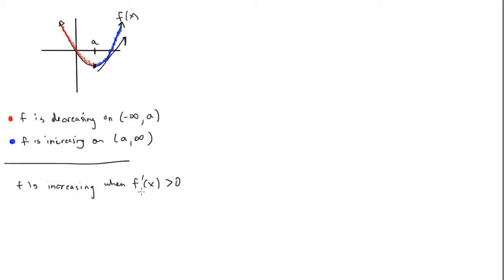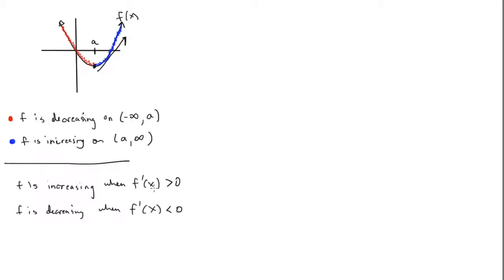That means the derivative is positive, because the derivative is the slope of the tangent line. And then f is decreasing whenever the derivative is negative. The point where it transitions between these two is when the derivative is exactly 0, and we've already given that a name. We call those places critical points.